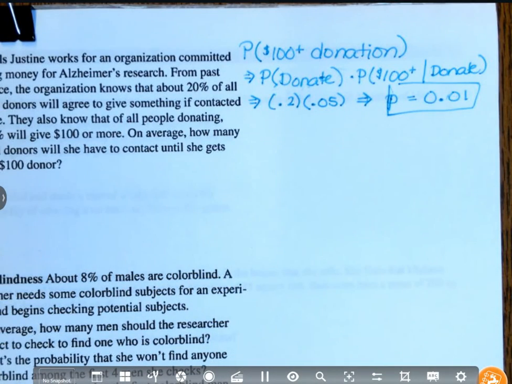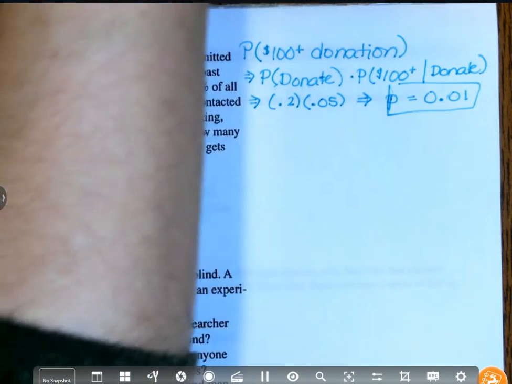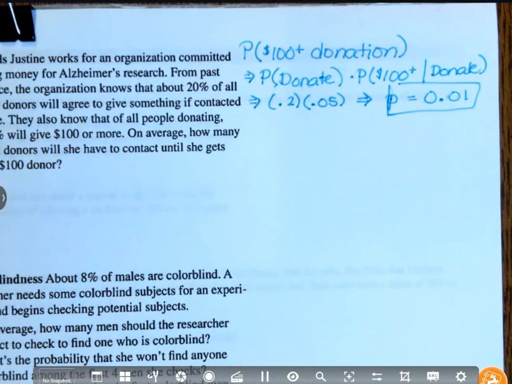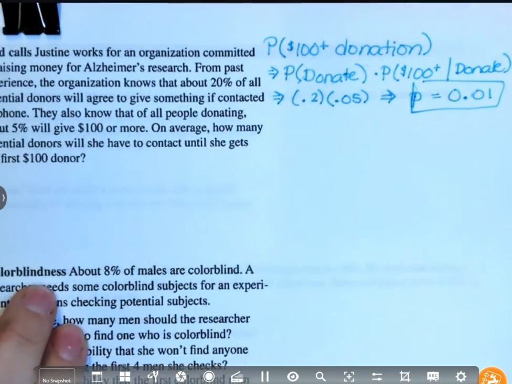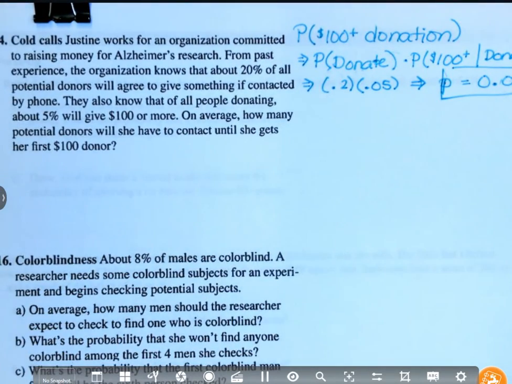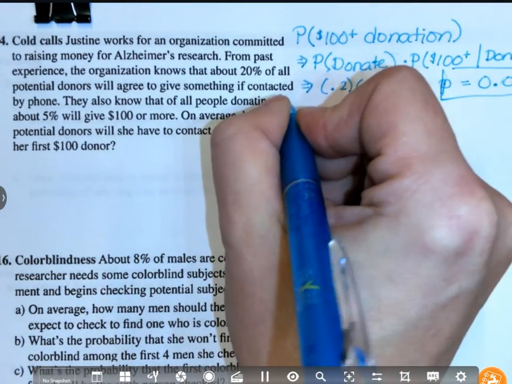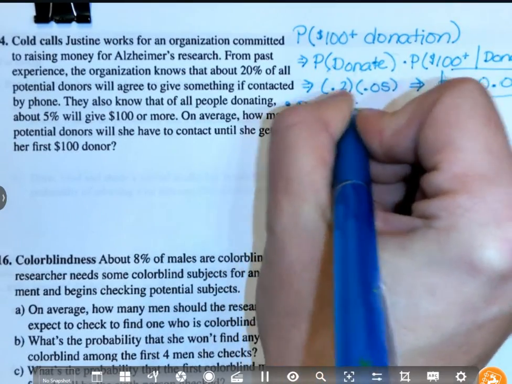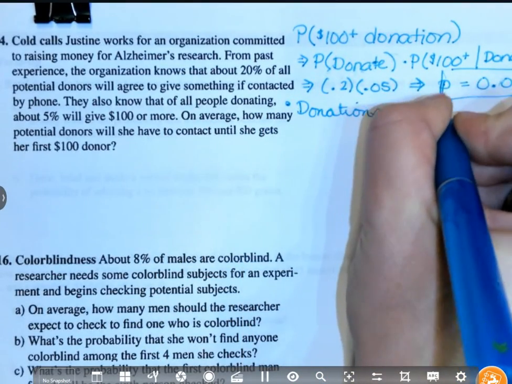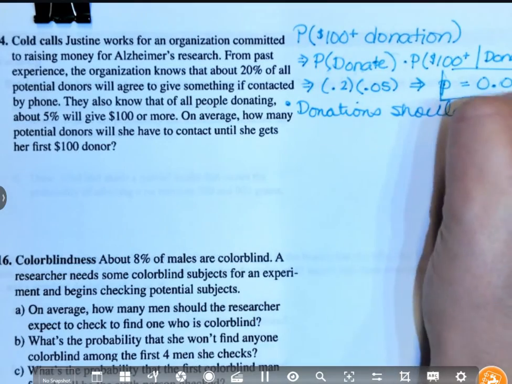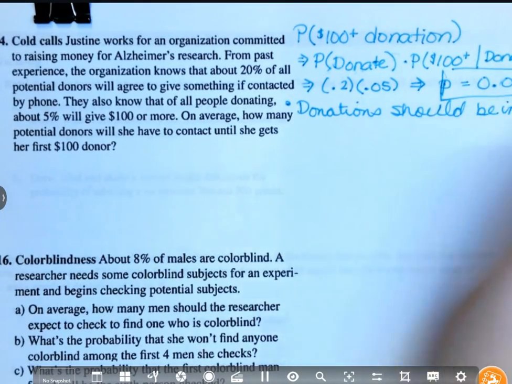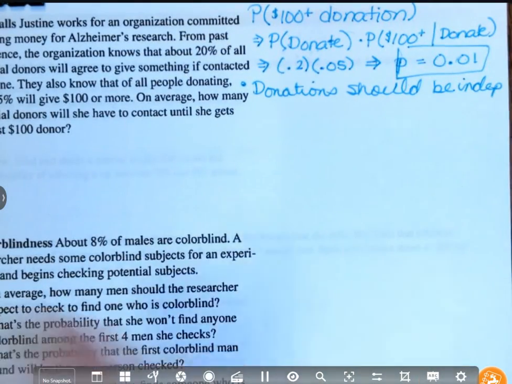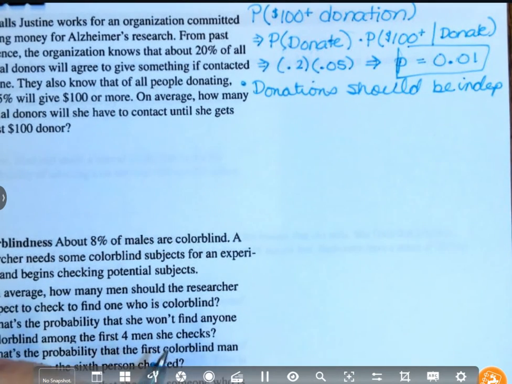What else do I need to talk about? Independence. What do you think? People's donations? Where we're calling? Yeah, so I'm just going to say that. I'm going to say donations should be independent in context. Now, I'm trying to use my formulas here.